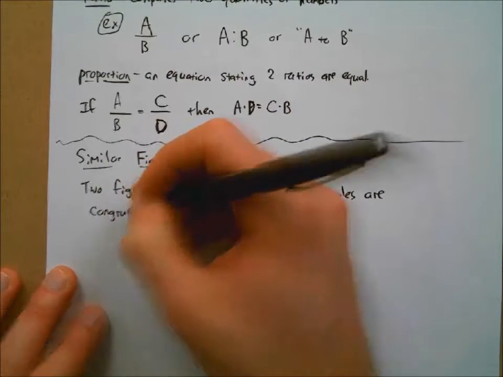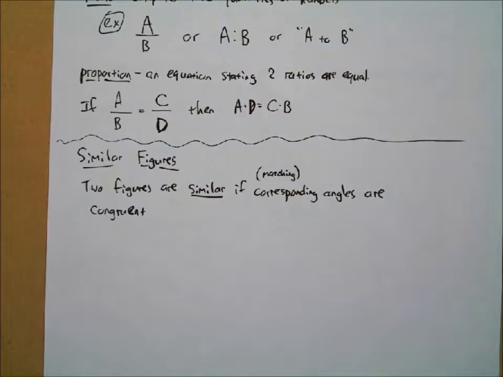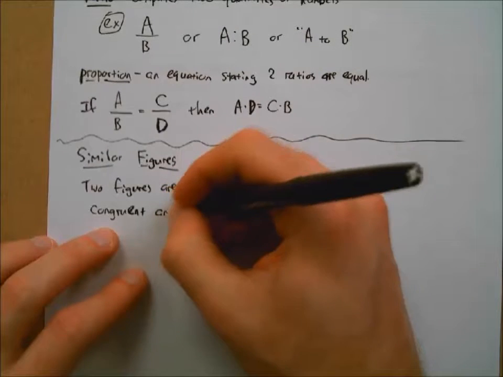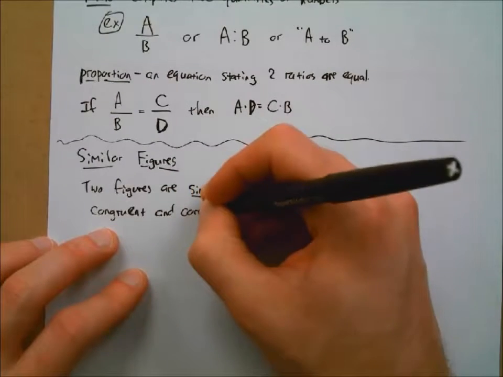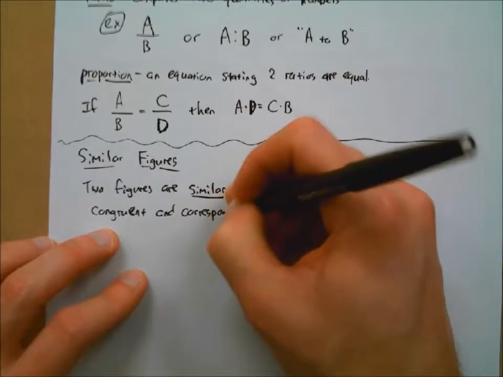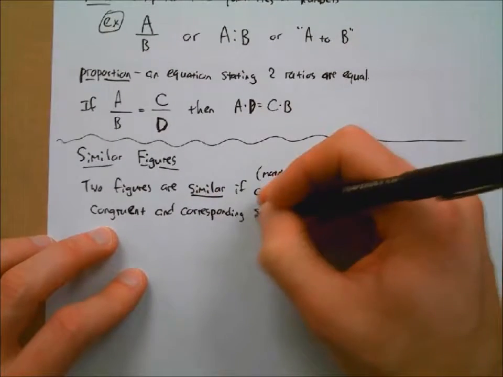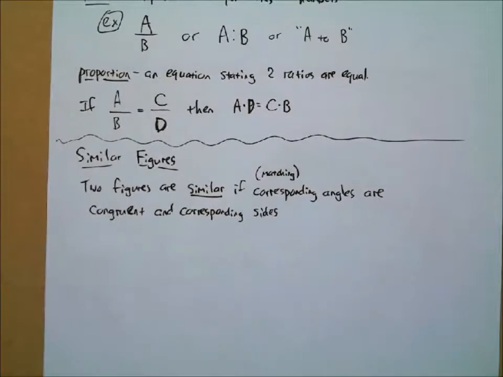So in similar figures, similar shapes, corresponding or matching angles need to be congruent, and corresponding or matching sides are proportional.